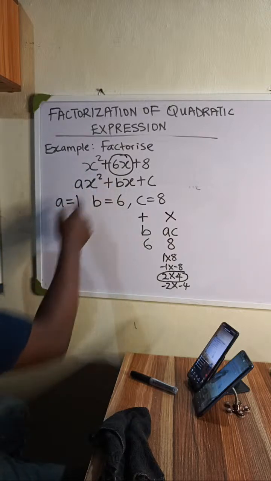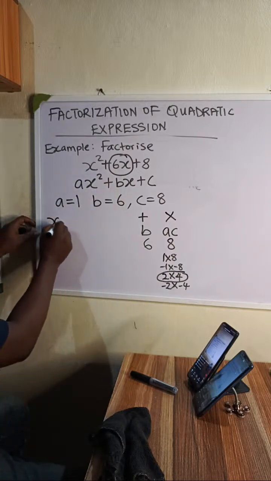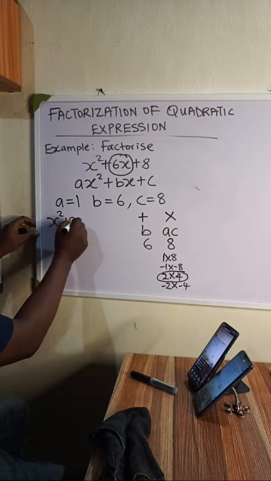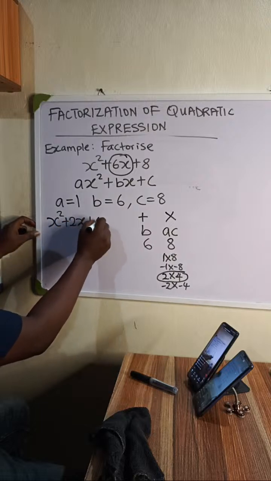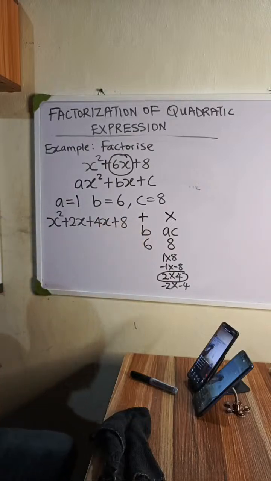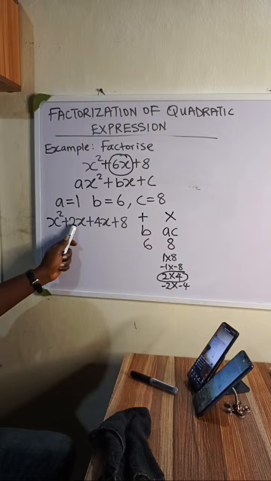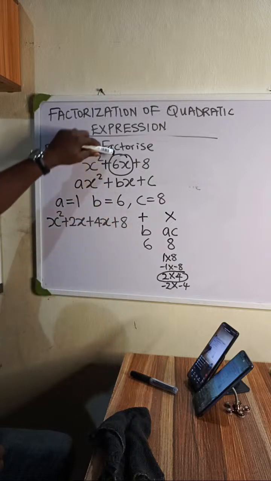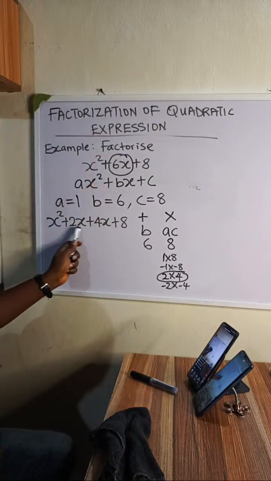So instead of having 6x here, we're going to have x squared plus 2x plus 4x plus 8. So 6x has been replaced by these two.